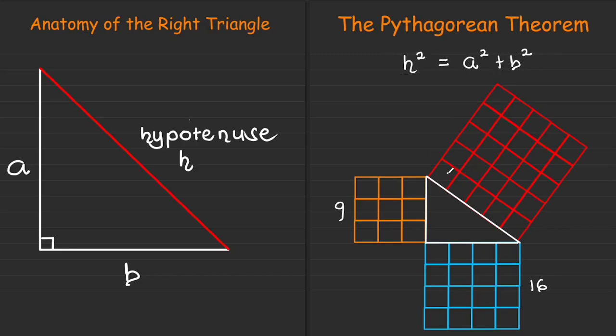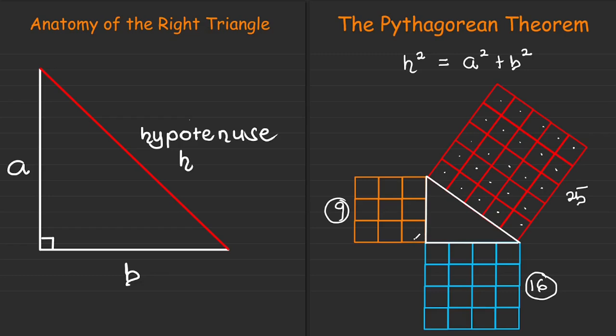Now the hypotenuse squares are 1, 2, 3, up to 24, and 25. You could have just said 5 times 5, giving us 25. If you add 16 to 9, it gives us 25. And that satisfies the theorem.